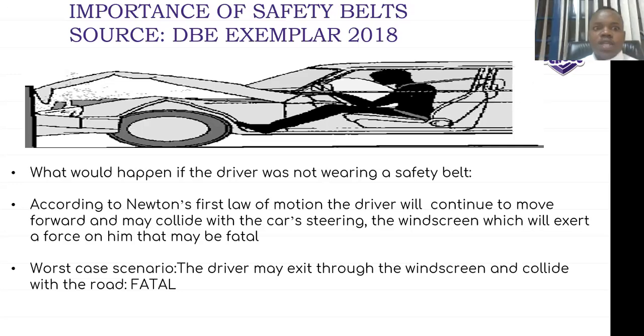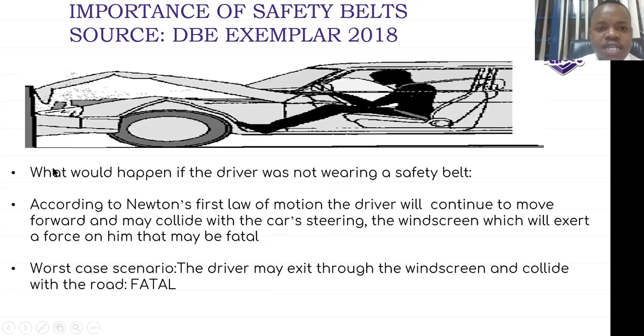Right. Now, this picture here is from the Department of Basic Education Exemplar 2018, Technical Sciences, and it emphasizes the importance of safety belts, because we use Newton's first law of motion to apply this concept of how our safety belts help us and why we need to put our safety belts on at all material times.